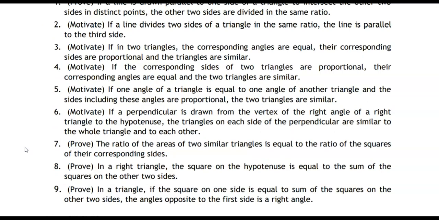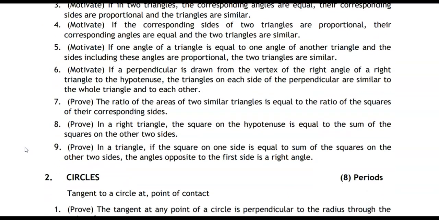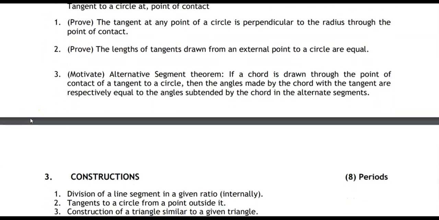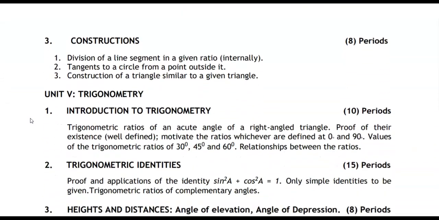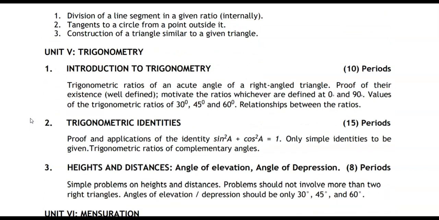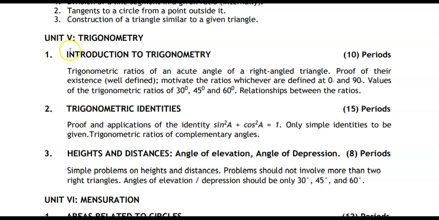So this is a set of questions, and then we have a chapter called circles. So these are the 2 theorems which we are going to prove in this chapter. Okay, and then we have the chapter called constructions, and then trigonometry, unit 5. In trigonometry we have 3 subchapters, that is introduction to trigonometry, trigonometric identities, and heights and distances.